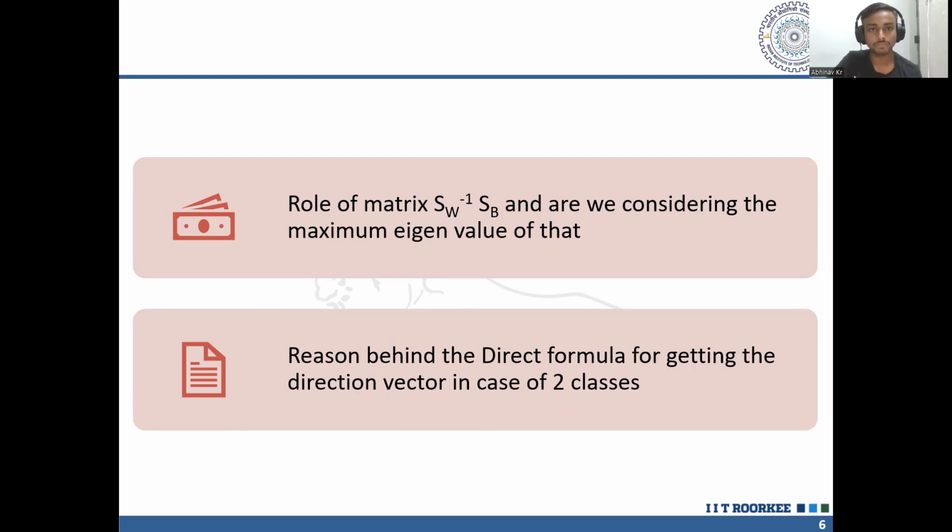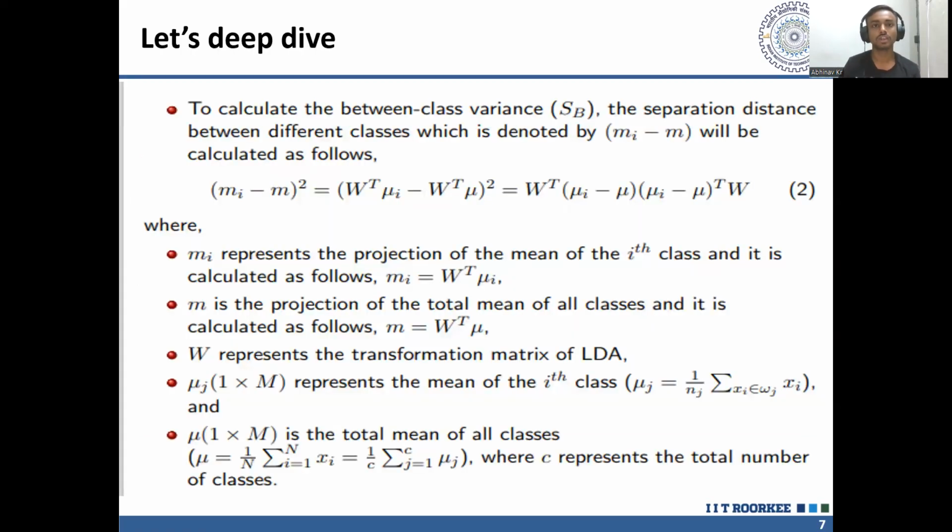Okay. Let me first explain the first question. To calculate the between class variance, the separation distance between different classes, denoted by Mi minus M, will be calculated as follows. So what does Mi minus M denote?